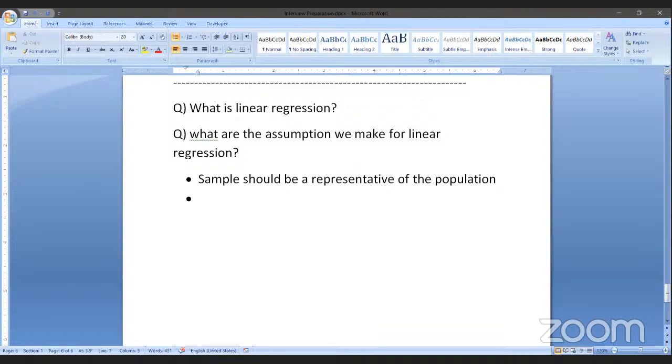Yeah, so next, a linear relationship should be there. Equal variance should be there.